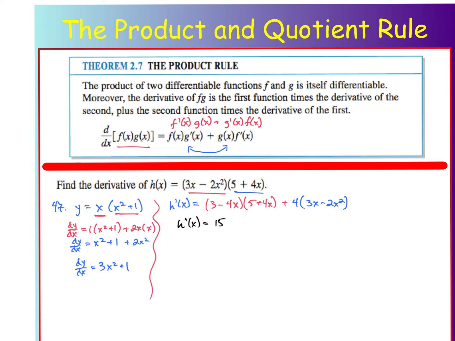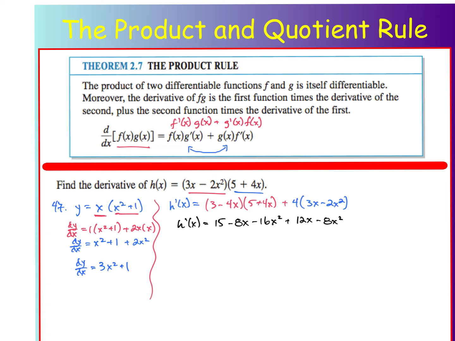What's my inner? Negative 20x. Those combine to negative 8x. My last is negative 16x squared. Plus, what should I probably do on this 4? Distribute it. So now I end up with 12x and then minus 8x squared.